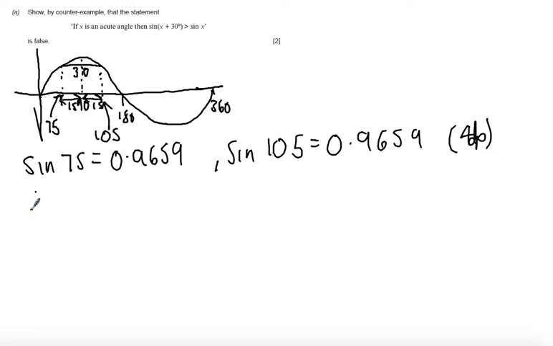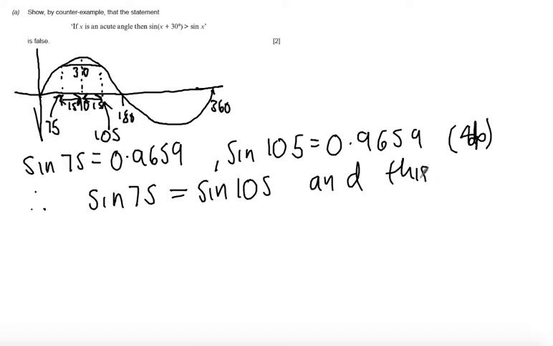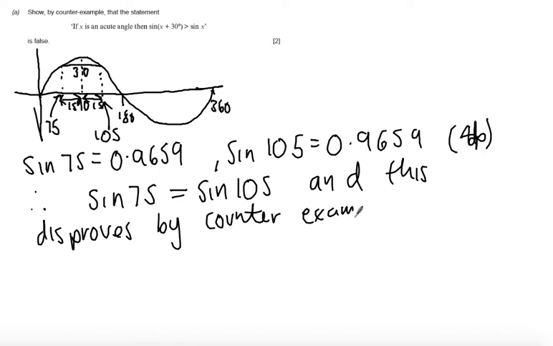So, therefore, sine of 75 equals sine of 105, and this proves by counterexample that sine of x plus 30 is greater than sine x is false.